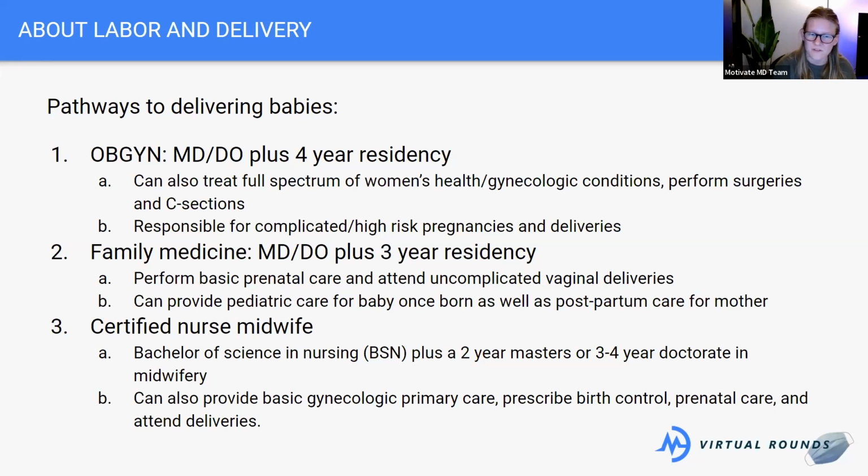They teach medical students and work with residents as well, and are excellent providers that use evidence-based medicine, and they just have a little bit of a different approach to it, which some women really prefer. So all of these people are excellent options for prenatal care and labor and delivery.